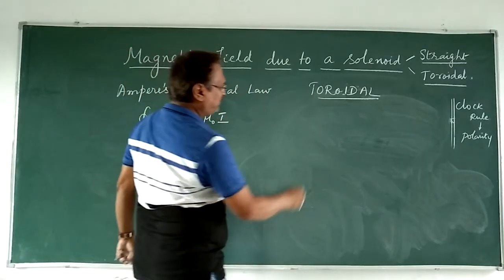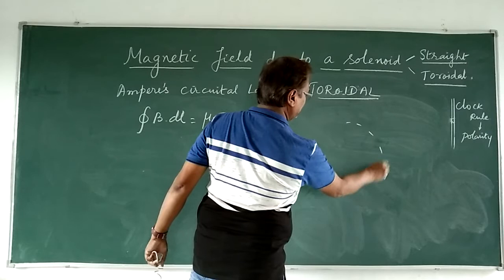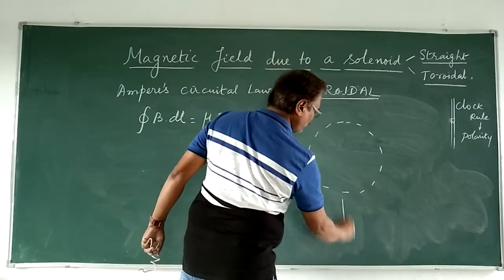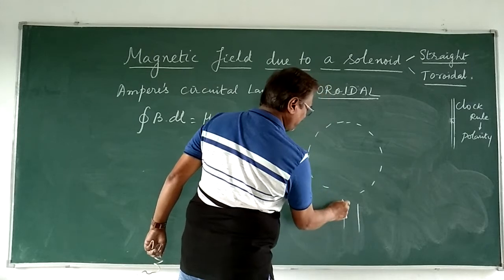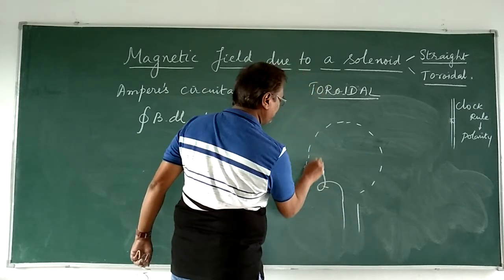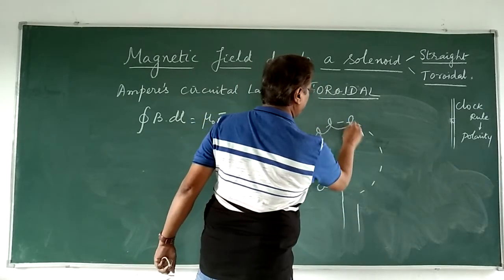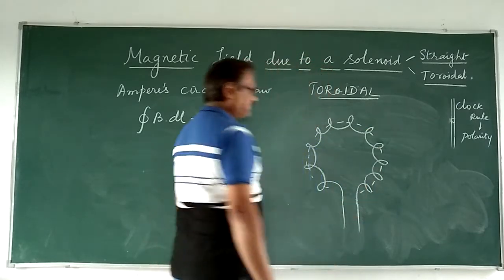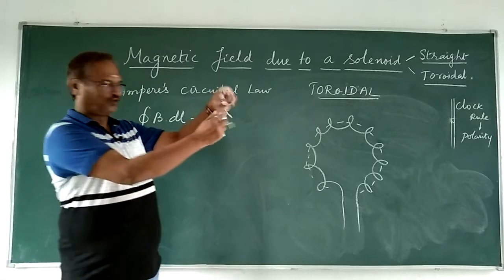You see what I am doing? I take a circle to draw, yes, and I am going to take two lines here, okay, and I am going to make the loops like this. And this is called a toroidal solenoid.